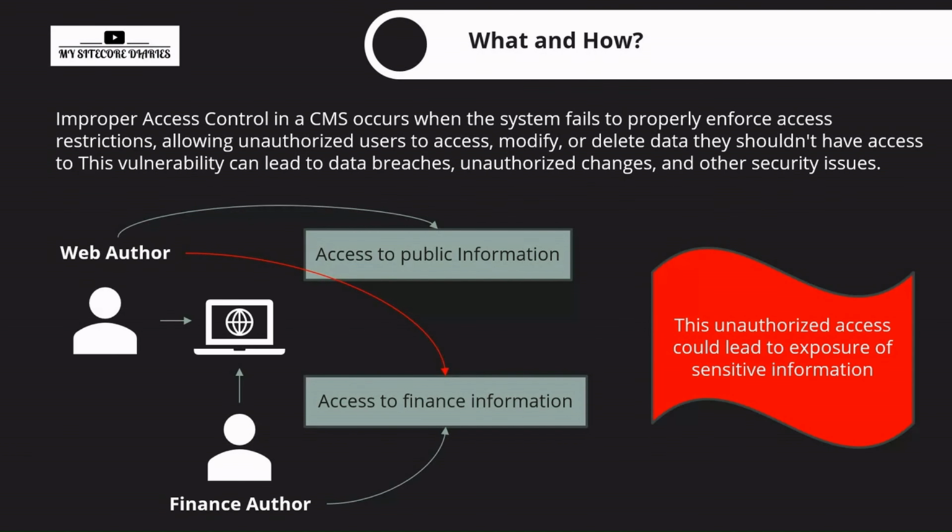This unauthorized access could lead to the exposure of sensitive information. There might be sensitive finance information that is supposed to be published two or three days later, or at the end of the quarter. That information would leak to the web author. So if access is not properly managed, it can lead to exposure of sensitive information.